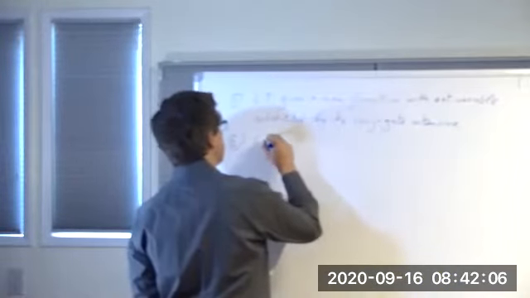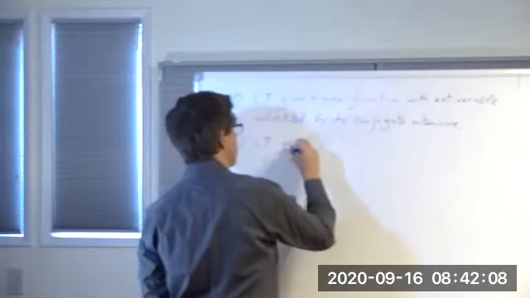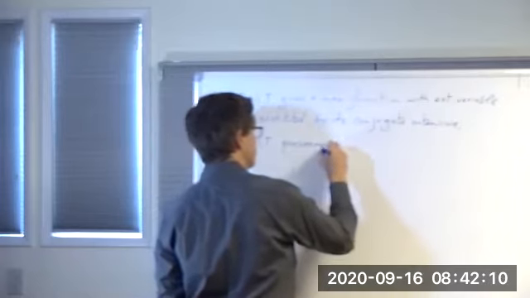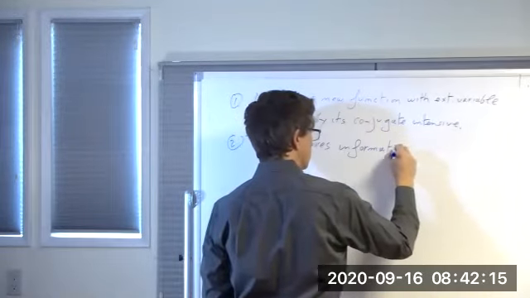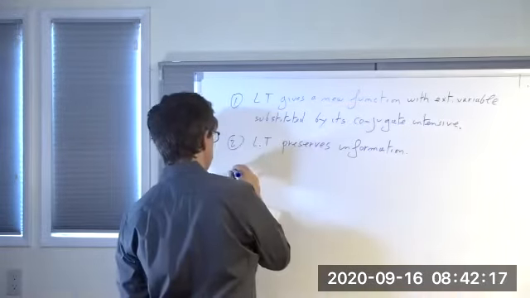A Legendre transform preserves information, which a normal substitution of variables doesn't.